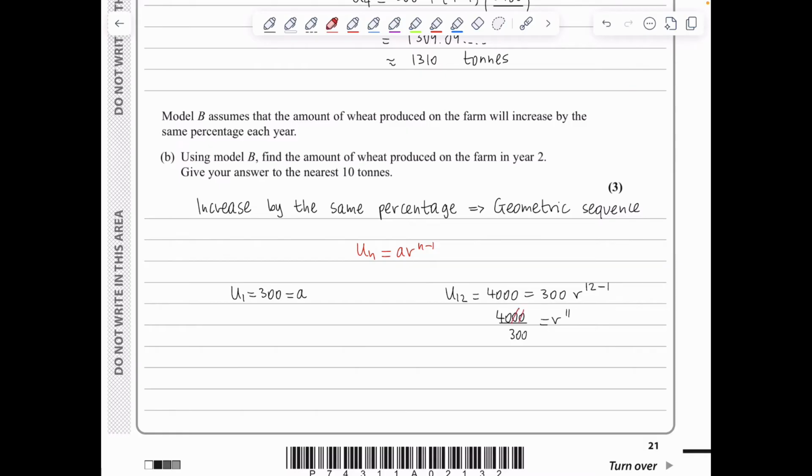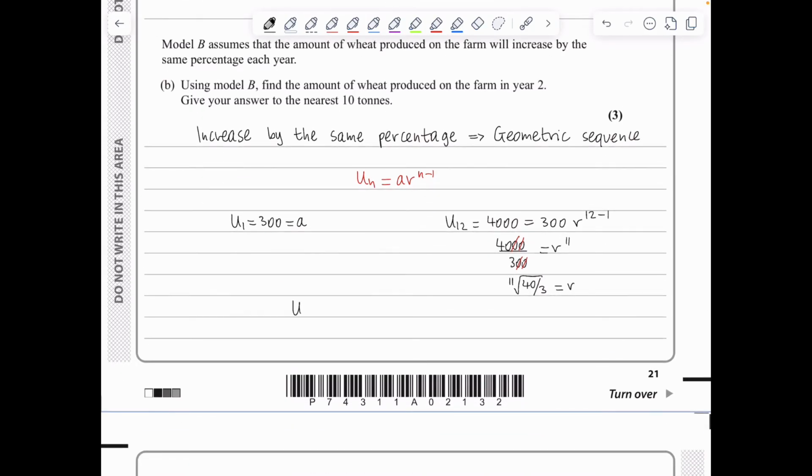Now the two zeros with the two zeros will cancel out, so we can conclude that the 11th root of 40 over 3 is the value of R, and therefore if I'm trying to calculate U2, it's going to be 300 times R, which is the 11th root of 40 over 3, raised to the power of 2 minus 1. This gives an answer of 379.654... which rounds to 380 tons, correct to the nearest 10 tons.